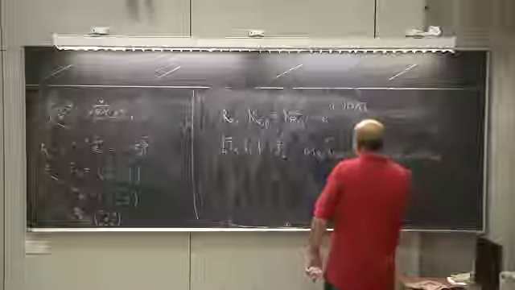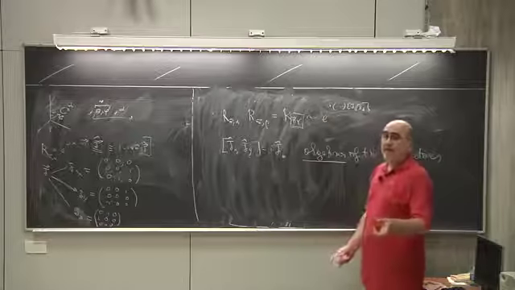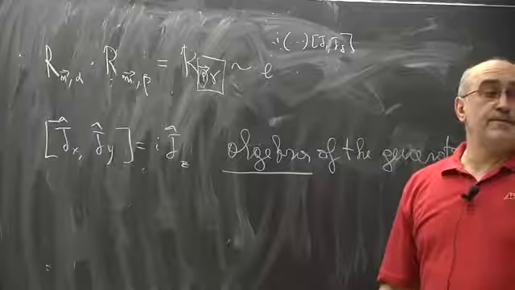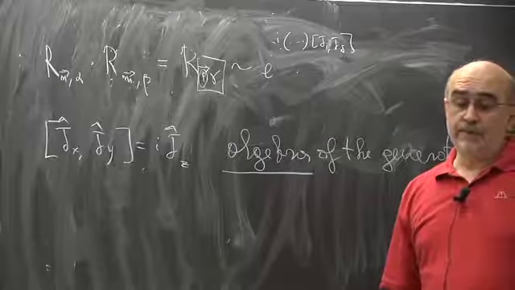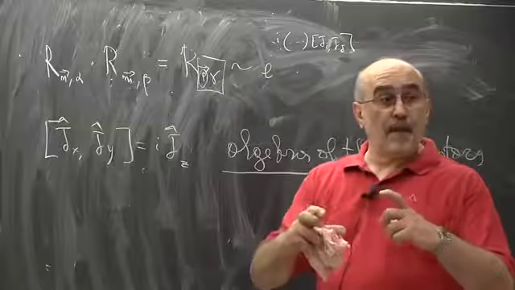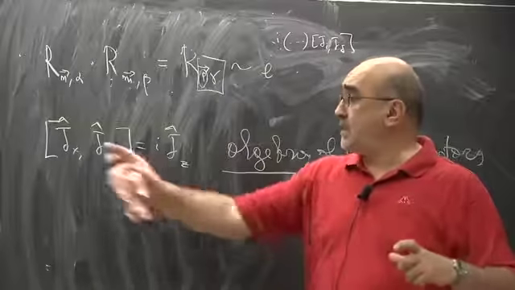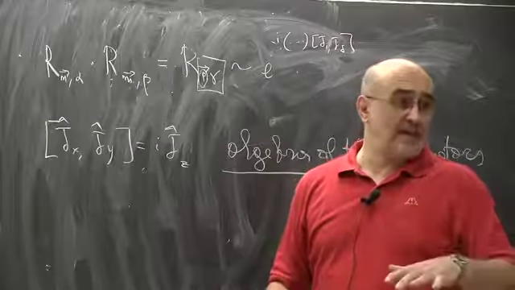Now, an algebra is not a group, but it is one of the structures that you can give to a set. So here is a set of 3 elements. The operation I introduced is the commutator, and it does not have the structure of a group, it has the structure of an algebra.